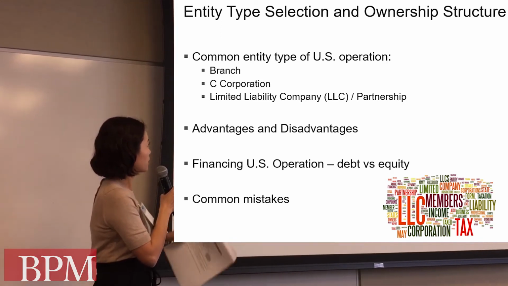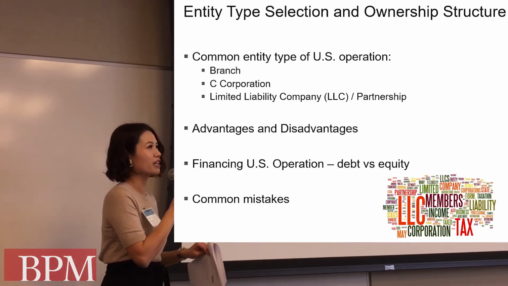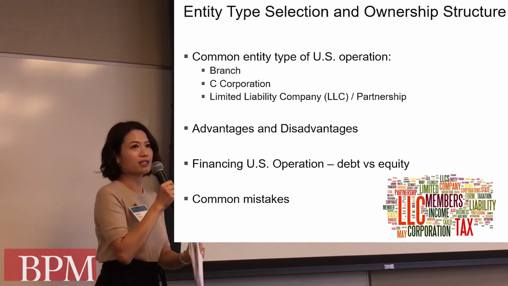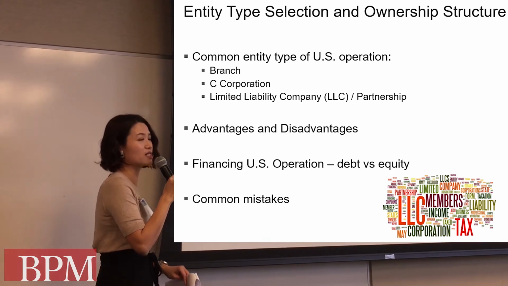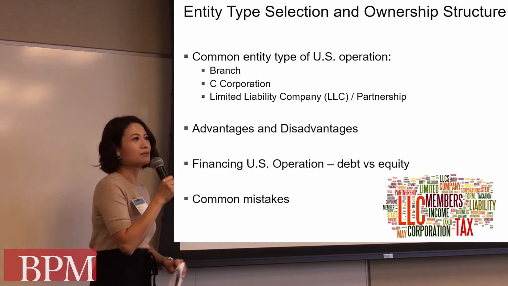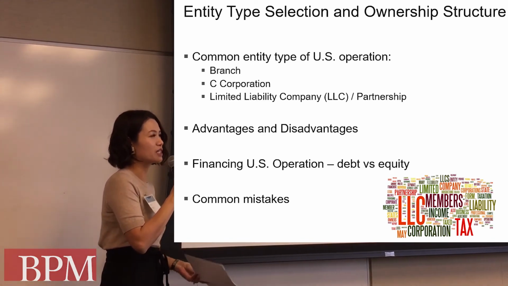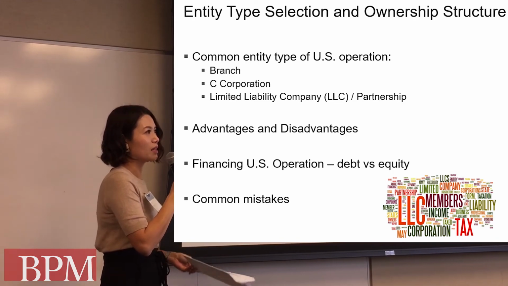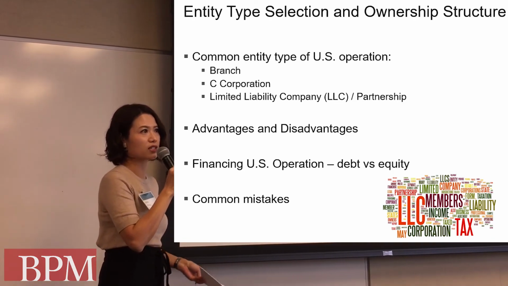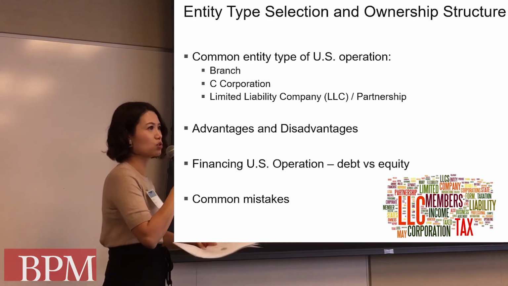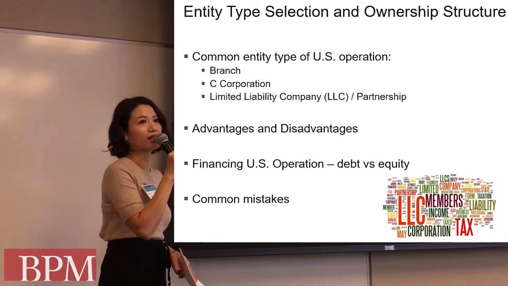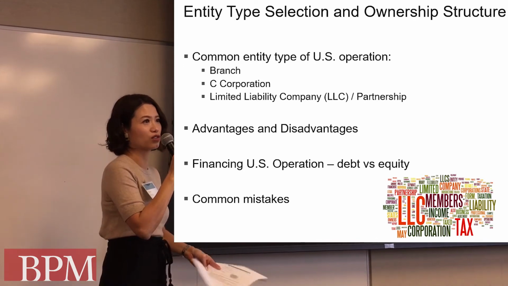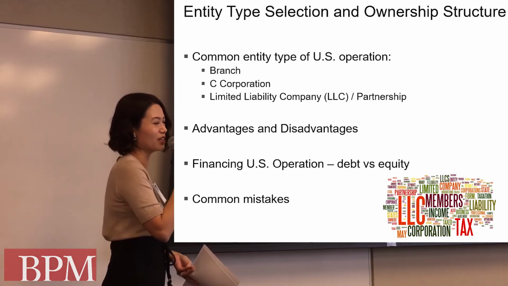The US company will be filing its own tax return instead of the foreign parent company filing a US tax return. That's always something people want to do, just to separate it, and it also limits the liability and risk of the US operation to the US company only, not impacting anything in the foreign country, the parent company.